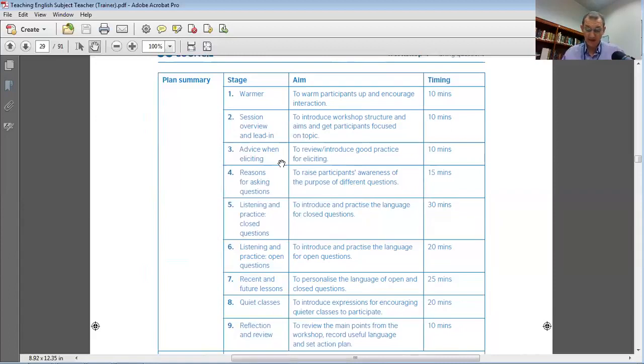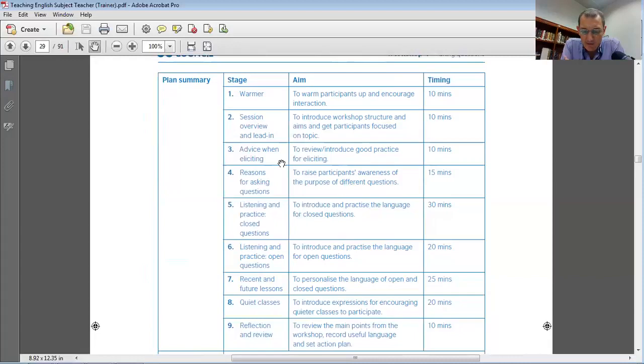And finally, a stage which looks at quiet classes. And the takeaway from this stage is about not spotlighting students, so not unexpectedly asking a student a difficult question and thereby raising stress levels in the class.